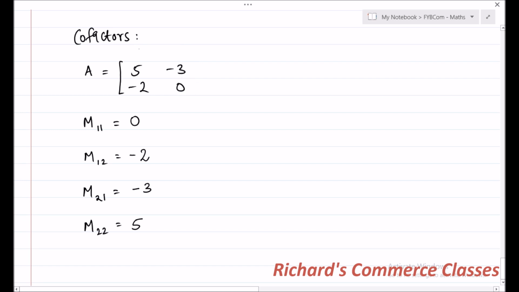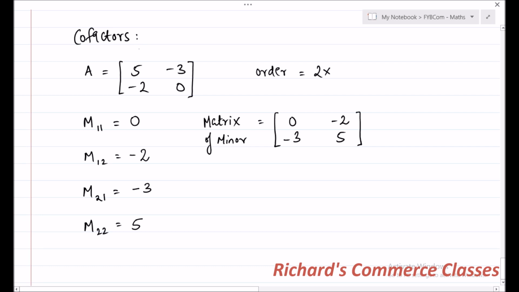Now let's calculate the matrix of minors. The matrix of minors will be equal to 0, minus 2, minus 3 and 5. Now remember, the order of the matrix A is 2 by 2.